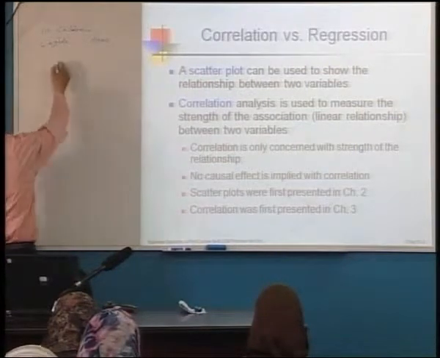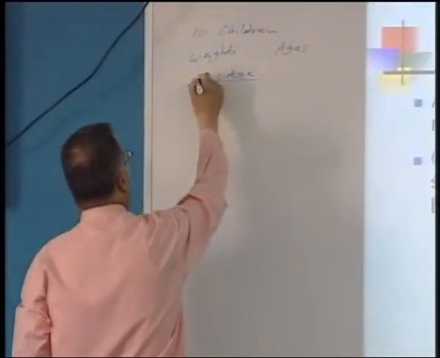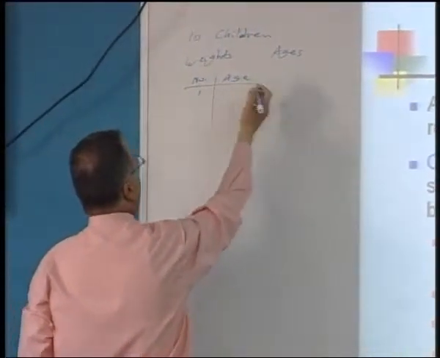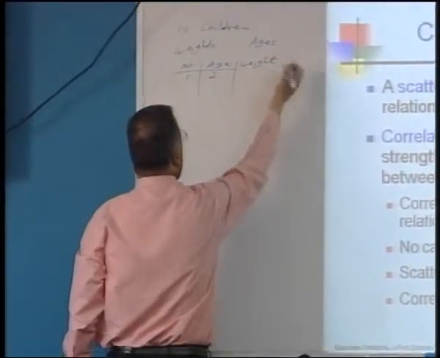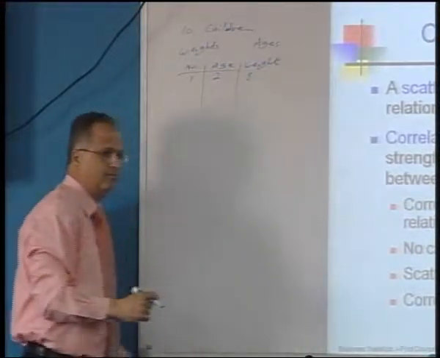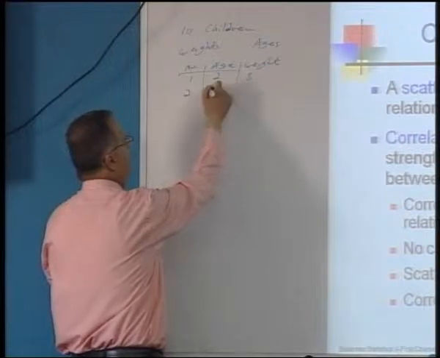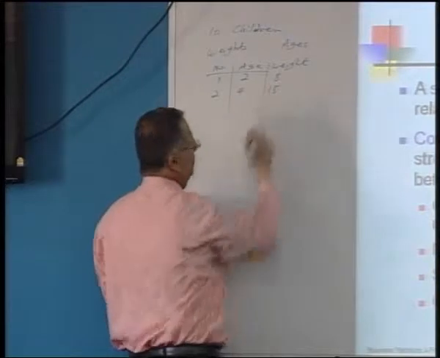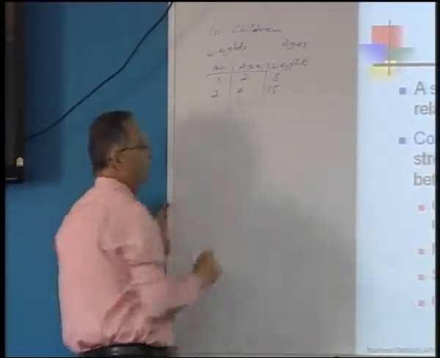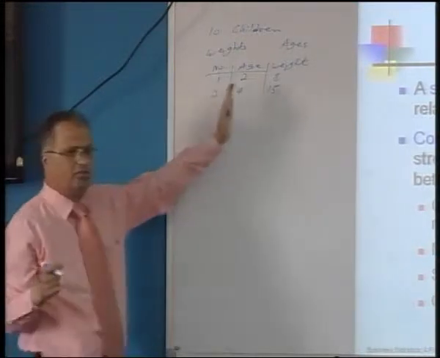For example, suppose child number 1 is 2 years old with a weight of, for example, 8 kilograms. The other child is 4 years old, and his or her weight is, for example, 15 kilograms, and so on. And again, we are interested to examine the relationship between age and weight.